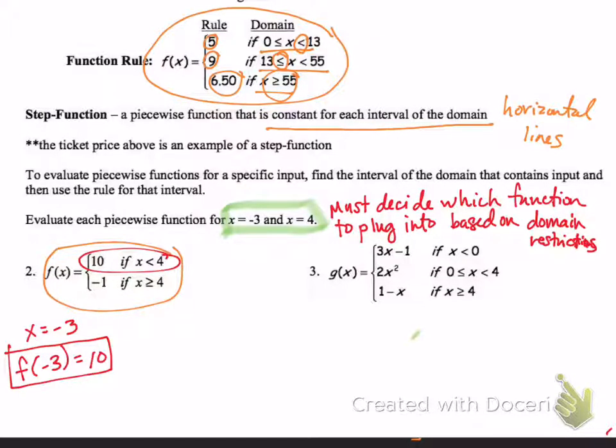The answer is just 10. So 2 would be an example of a step function where you have two horizontal lines. Then x equals 4. Which one would that go into? The bottom one. Because I have the greater than or equal to, so 4 is included in the bottom one. So f of 4 equals -1.